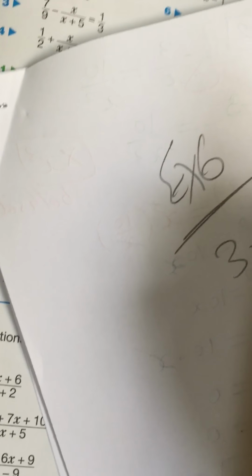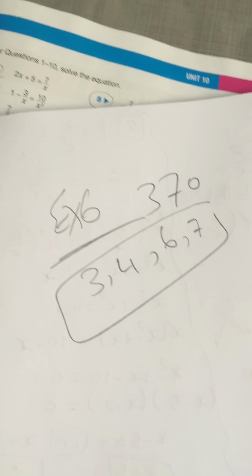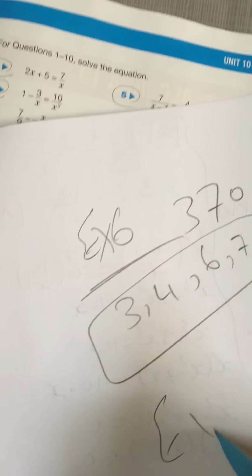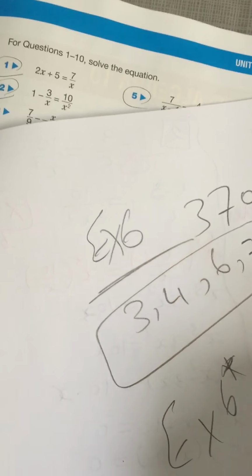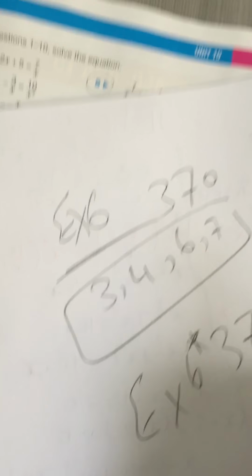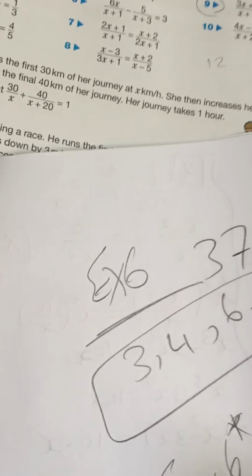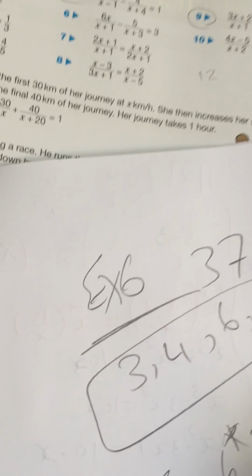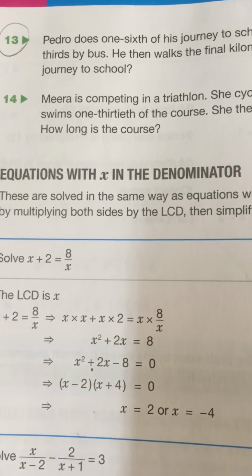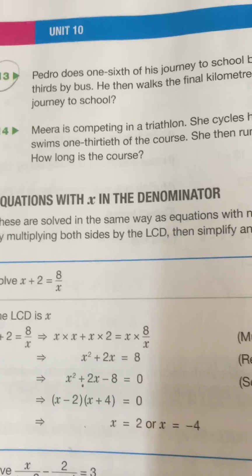You can take number 3, 4, 6, 7 from exercise 6 page 370, and from exercise 6 star page 371, you can take number 6, 7, 8 and 10. Okay, by this way I finished our lesson, equation with x in the denominator.